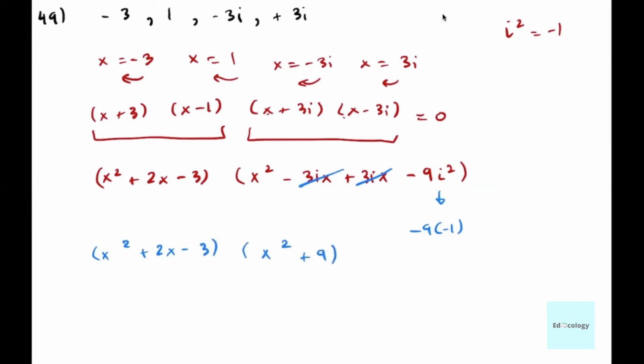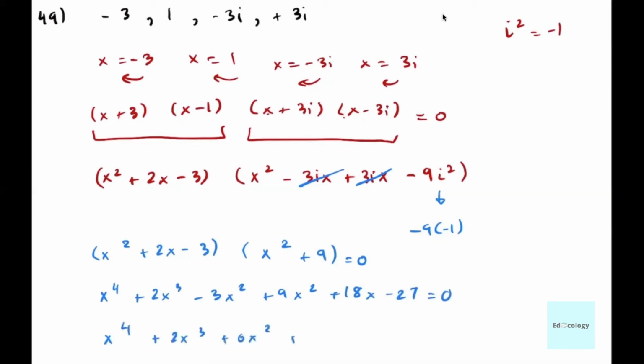And then you multiply them using the distributive property. You will get x to the power 4 plus 2x cubed minus 3x cubed plus 9x squared plus 18x minus 27. Then you simplify and you will get x to the power 4 plus 2x cubed plus 6x squared plus 18x minus 27. And this will be your final answer.